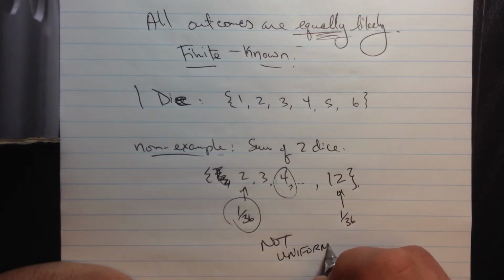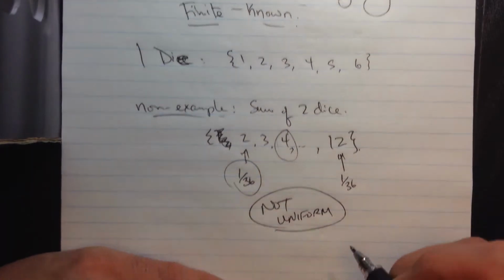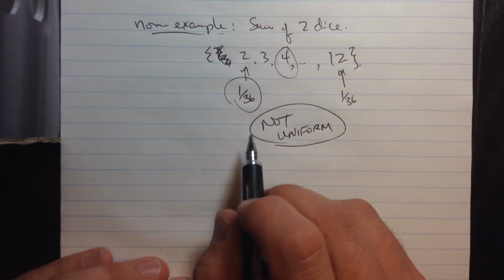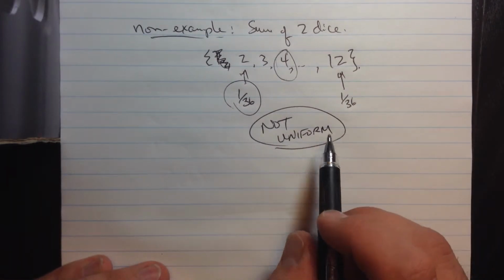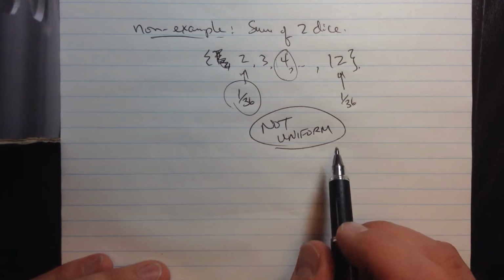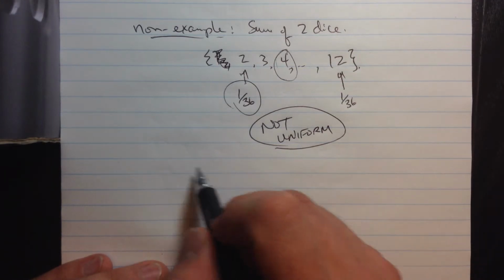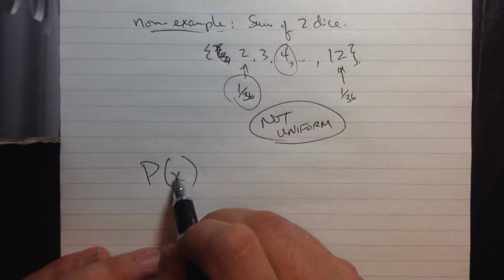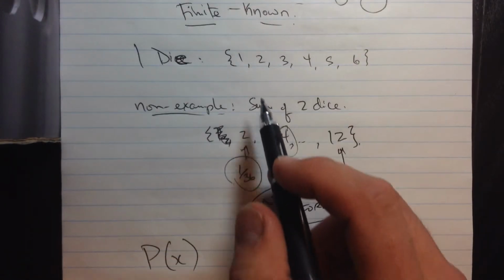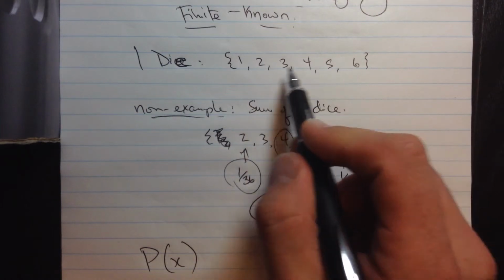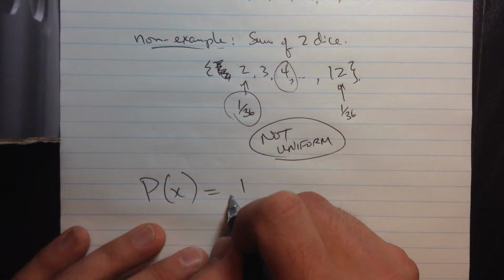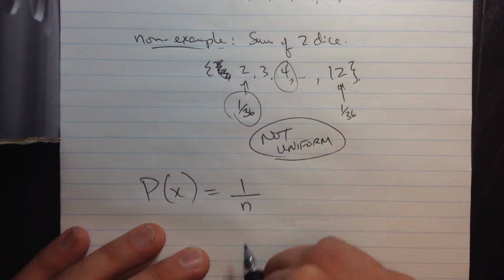It's something else that we're going to learn probably on Thursday. Okay, so that's the uniform distribution. Anytime all the outcomes are equally likely, that's the way it is. So the probability of any particular value, any value x, if I were to substitute in 1, 2, 4, 6, or whatever in this dice example, the probability of any value is 1 over the number of values.